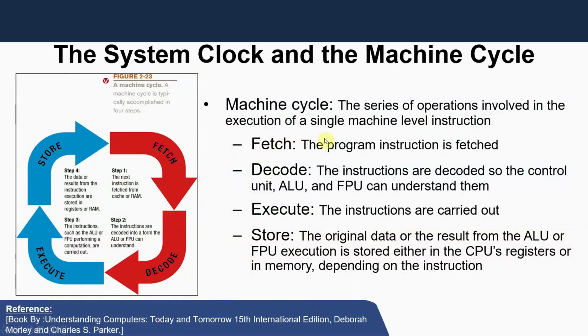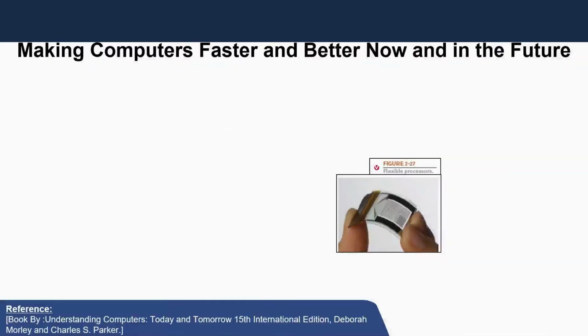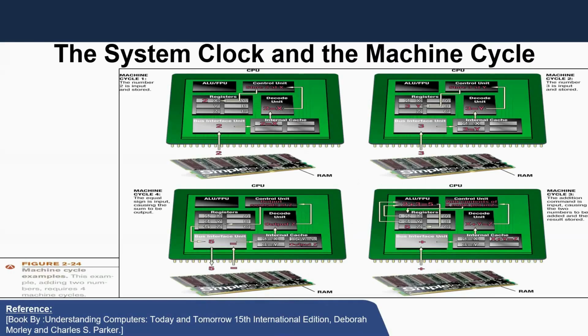When the fetch unit is fetching some information from memory, at the same time the decode unit will be decoding the data that the fetch unit has already fetched previously, so it can be executed at some later time. And while these two, fetch and decode, were going on, the execute unit was also executing an instruction that was fed to it in the previous cycle by the decode unit. So there is a continuous process, and they are doing all these things in parallel. That is the last slide of our unit.